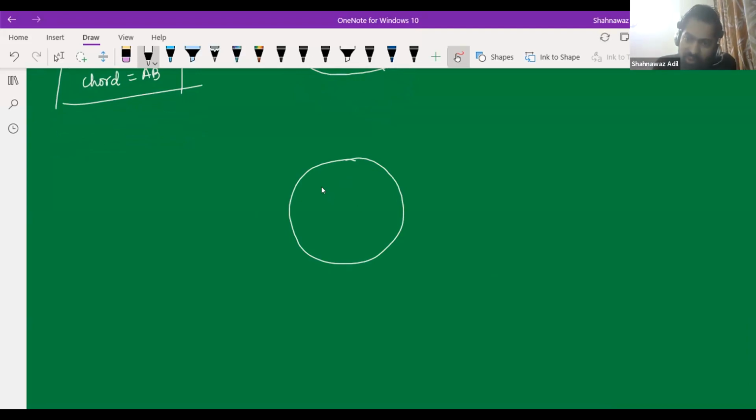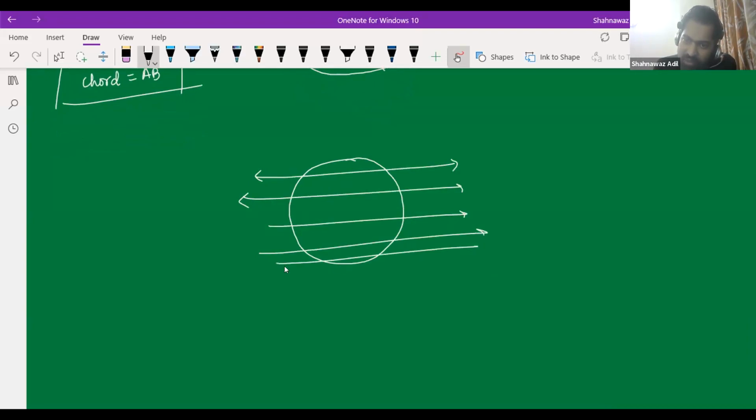And if we take some lines, this one, this one, this one, this one, and this one, we see that all these lines intersect this circle at points.